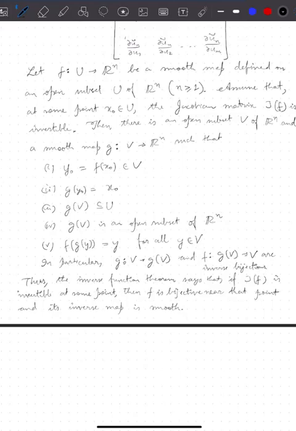Then we'll get on to discussing the first fundamental form, and we will try to cover as much as possible. If we are able to do quite a bit, then we will introduce the second fundamental form as well in the next session. So I'll just stop recording.